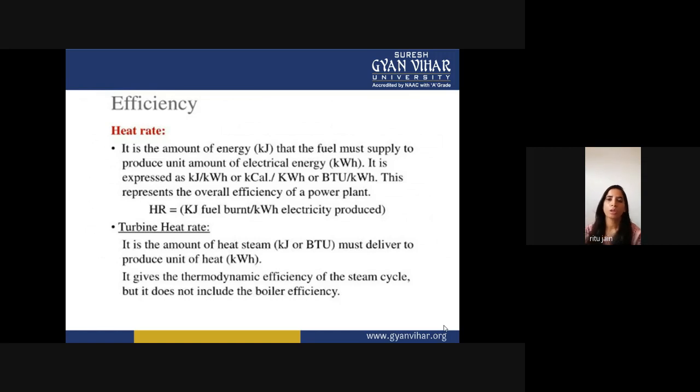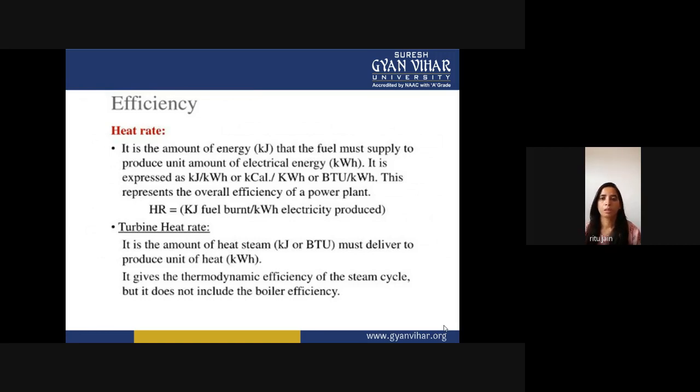Suppose the fuel is supplying energy in joules, and that produces a unit amount of electrical energy in kilowatt hour. So it is expressed as kilojoule per kilowatt hour. That is your heat rate.